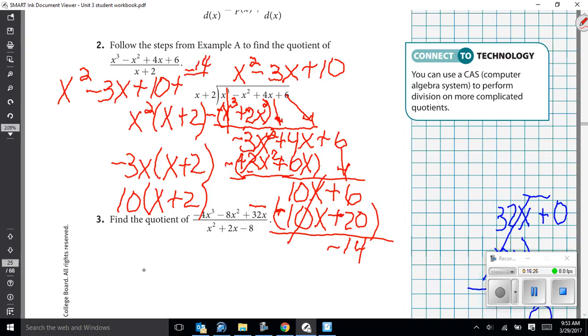So negative 14 over x plus 2. If you have a remainder, whatever you're dividing by, you're just going to pop it over top of that to make a little rational expression fraction. And then you just tag it on to whatever you have up top.